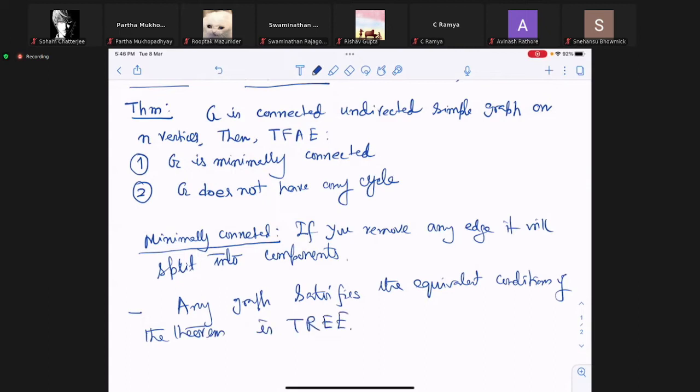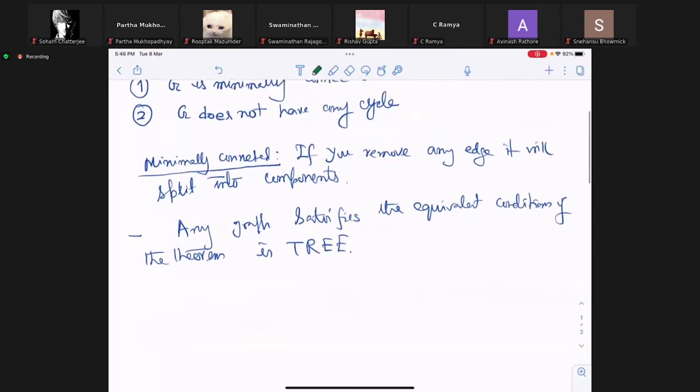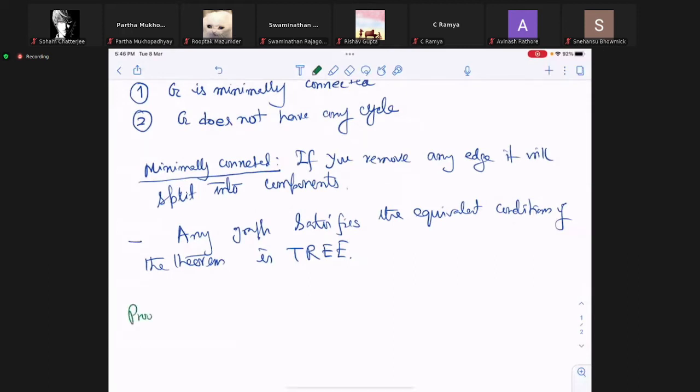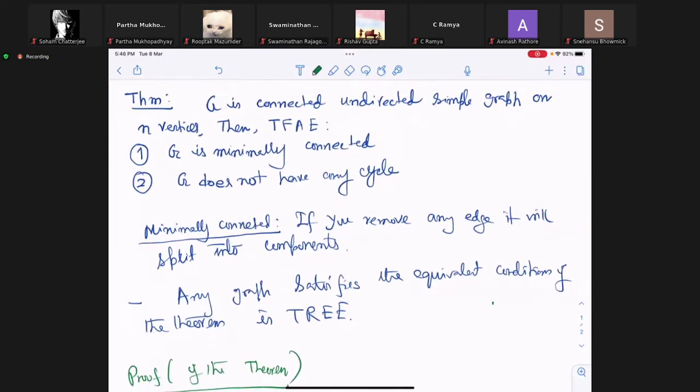That's the definition of tree. So let's quickly prove that. Proof of the theorem. I started with a more abstract definition than in whatever course you have done. You have perhaps this kind of picture already in mind, but I started with a more abstract definition.